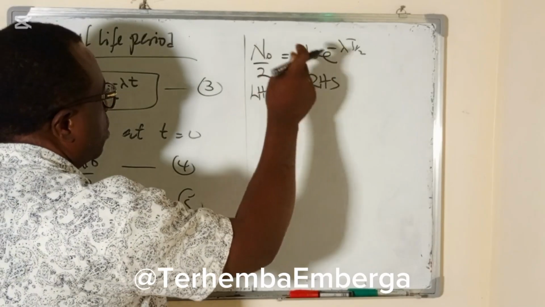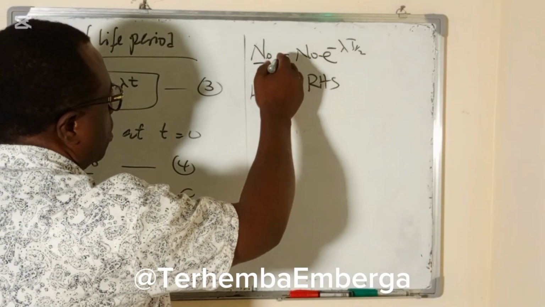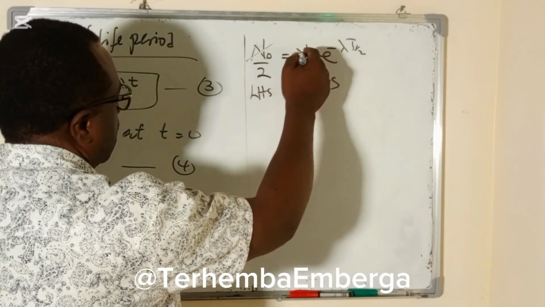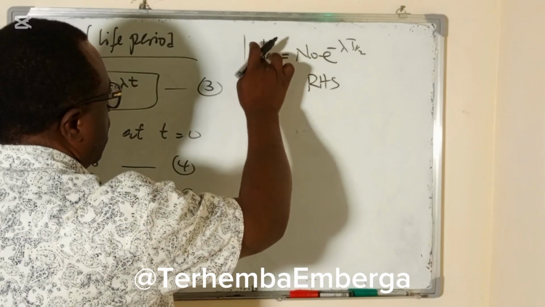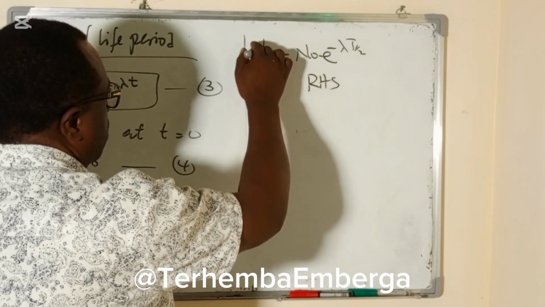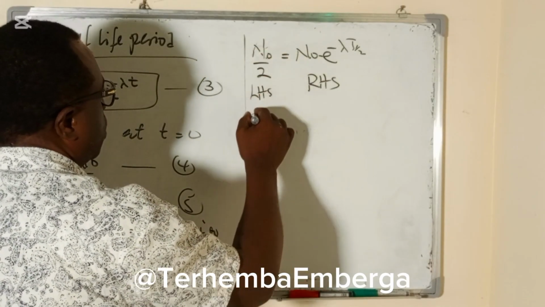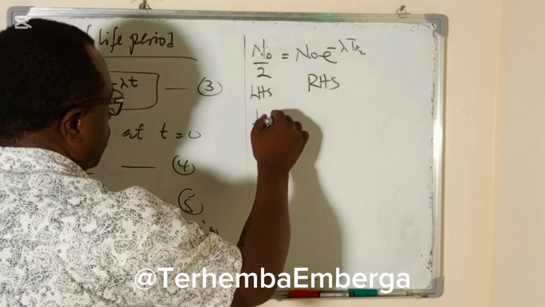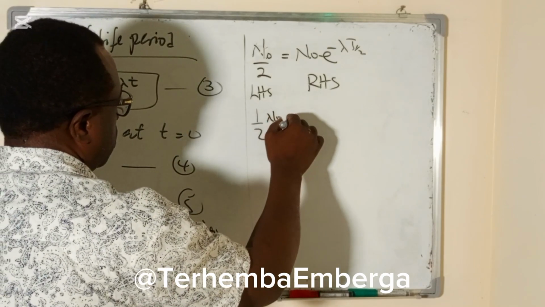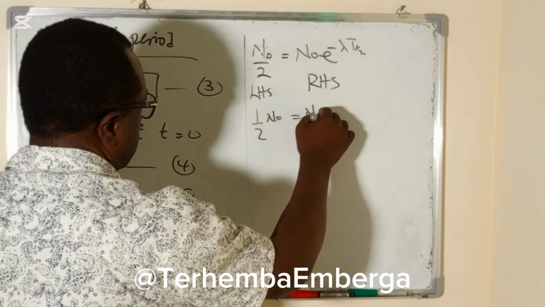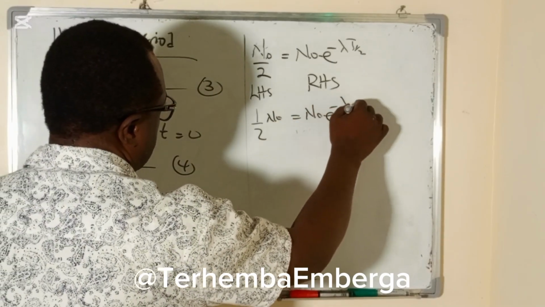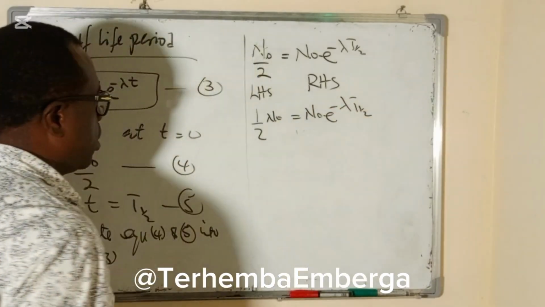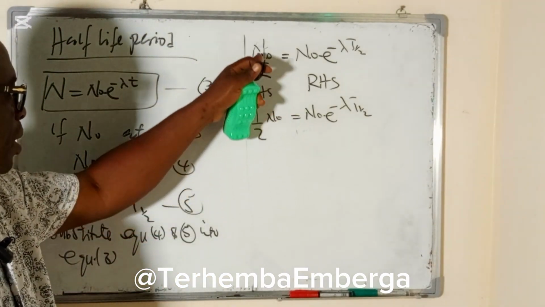We can write this expression as half N naught equal to N naught e to the minus lambda t half.